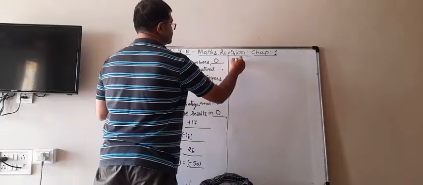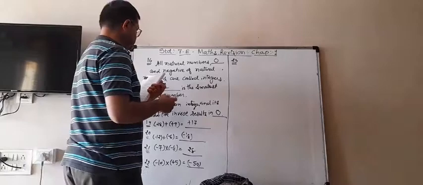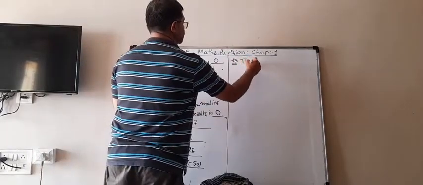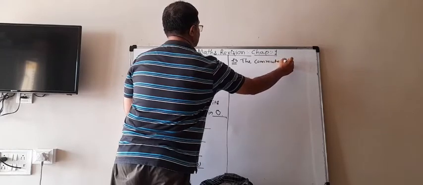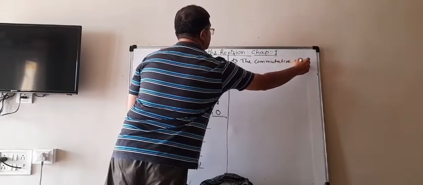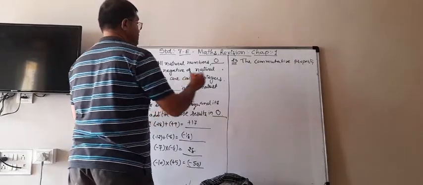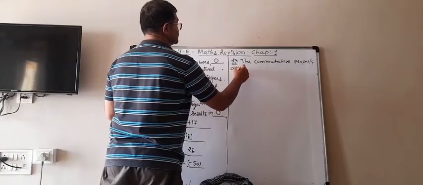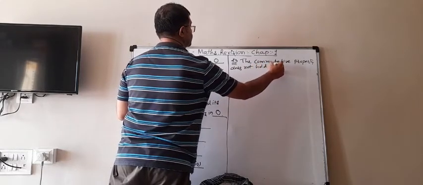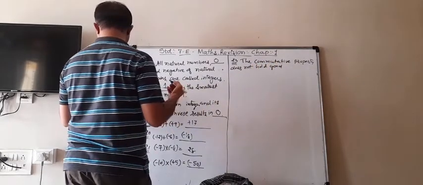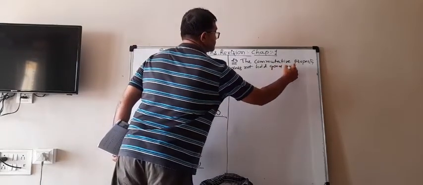23rd. The commutative property does not hold good for dash of integers.